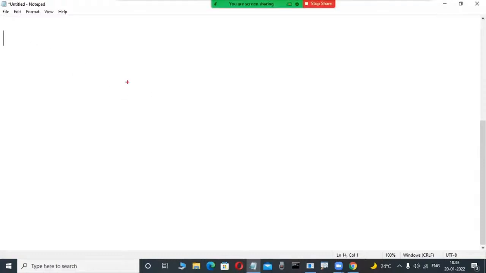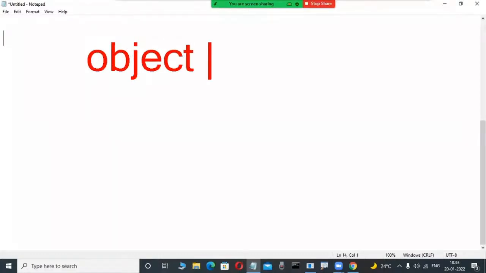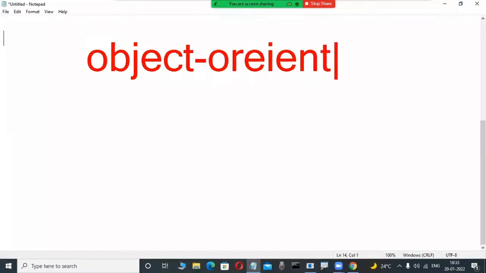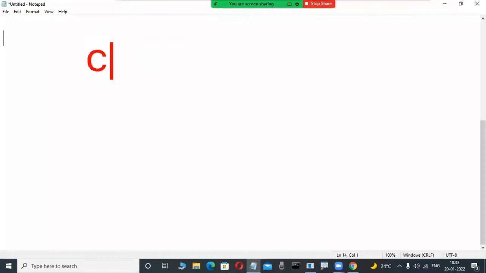Suppose there are so many object oriented languages worldwide. Maybe many fellows have an idea. C++ is an object-oriented language. Java is a popular object-oriented language.